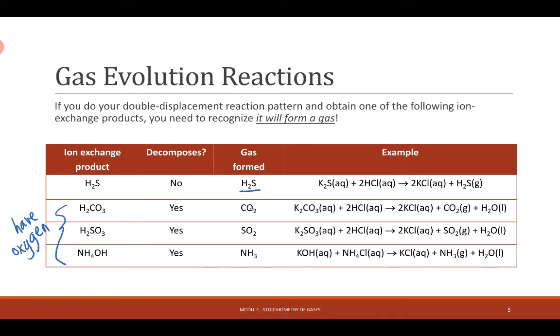The chemical formula for the gas that's evolved is shown here. And so you can see that in the products, that's the gas that's written, and water is a liquid. So all these ion exchange products don't include these in your chemical formula. Instead, recognize that it breaks apart into water and some gas, and then write the chemical formulas for water and the gas that's involved.